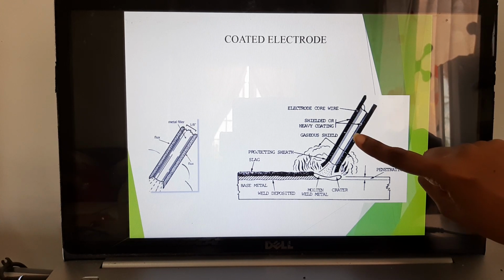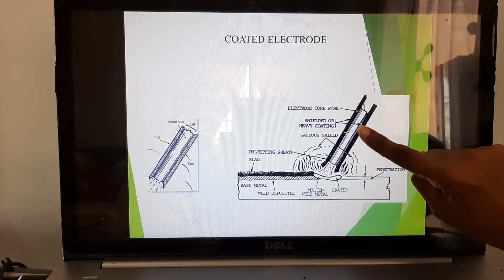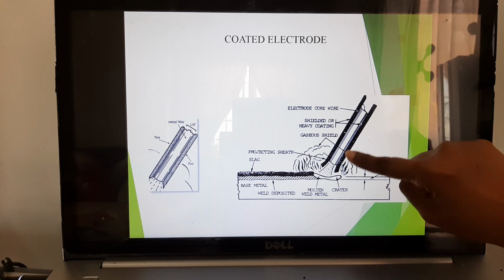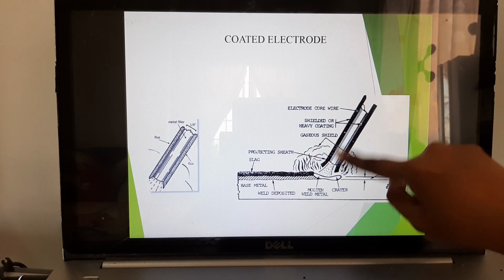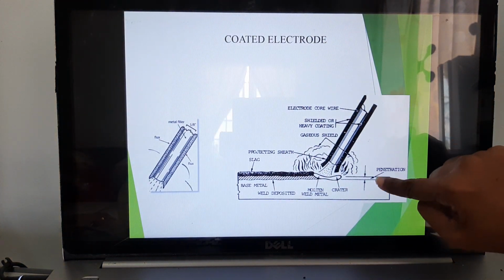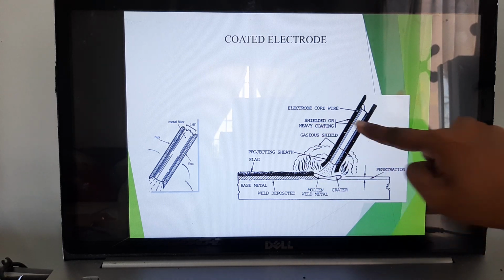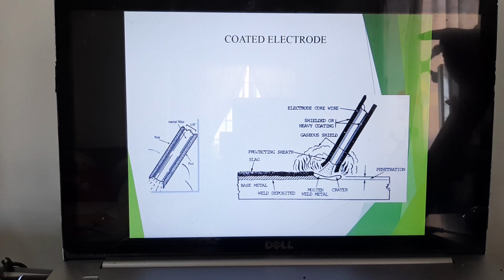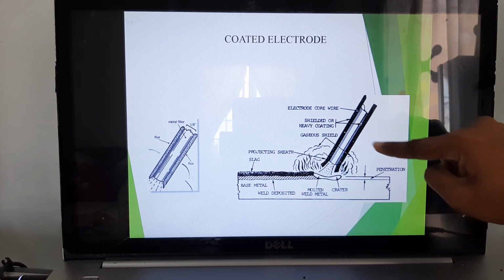The moment the electrode is melted and deposited into the weld area, the shield will form a gas surrounding your weld area. What is the function of this gas? It's actually a protective mechanism.